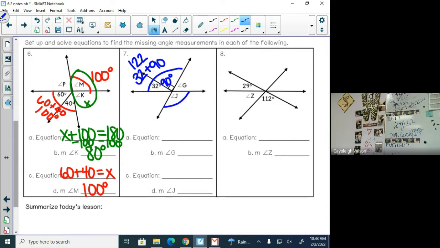So if that one is 122, what is the other one that's across from it? 122. So angle J is 122 because 32 plus 90 equals J, because they are vertical. They are across from each other. They are equal.